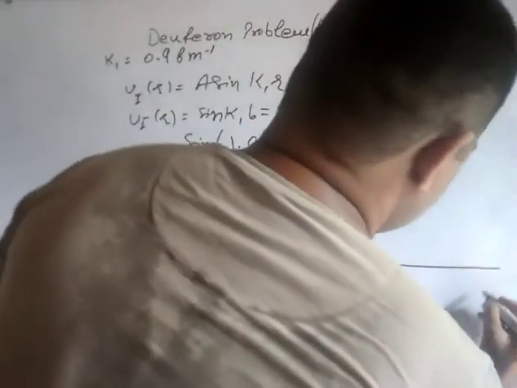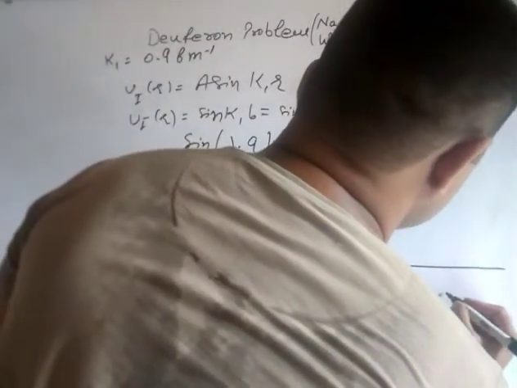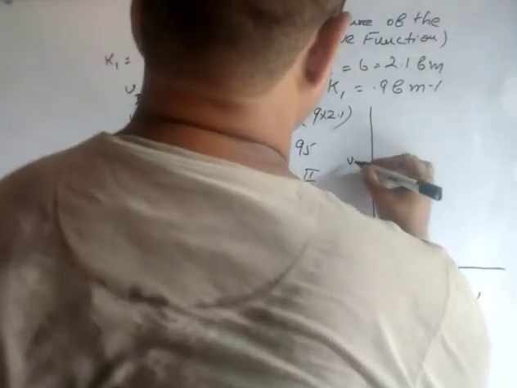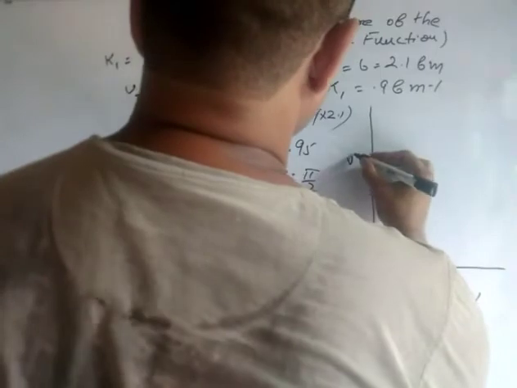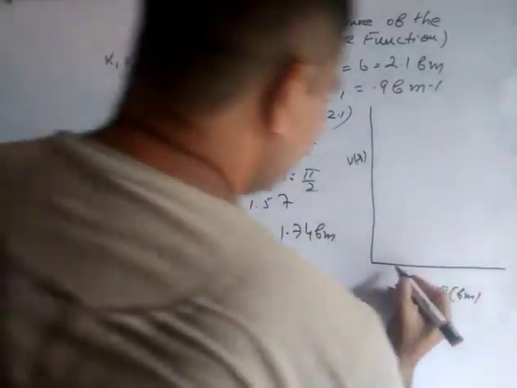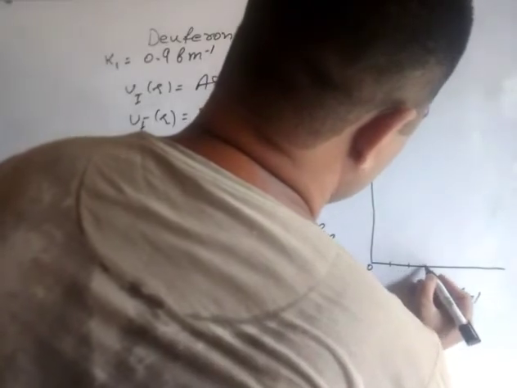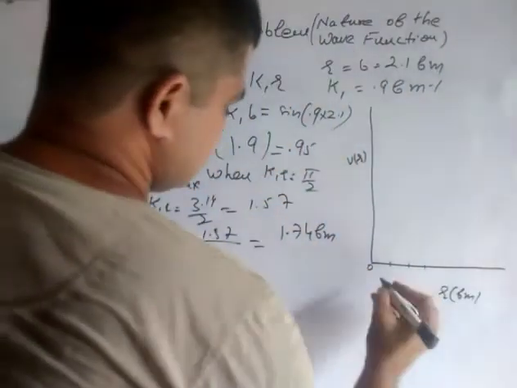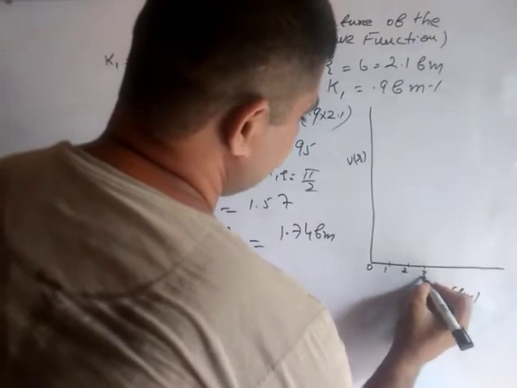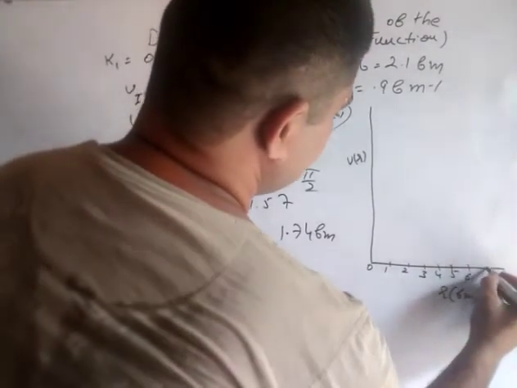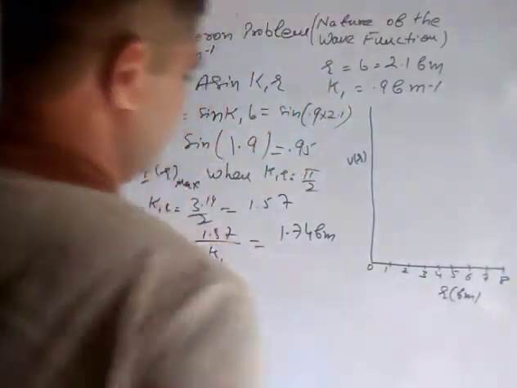This side I have r, r in femtometer, and this is my u1. Suppose this is 0, this is 1, this is 2, 3. On the x axis, femtometer: 1 femtometer, 2 femtometer, 3, 4, 5, 6, 7, 8 femtometer.